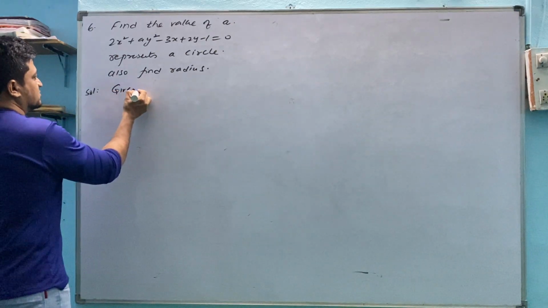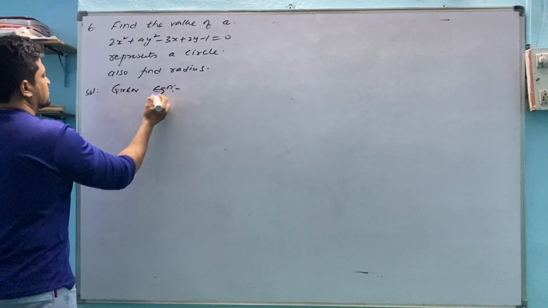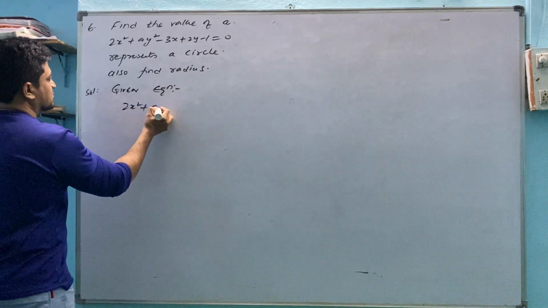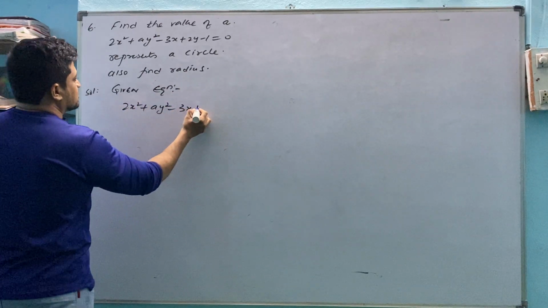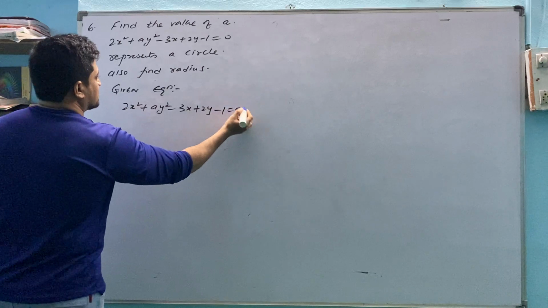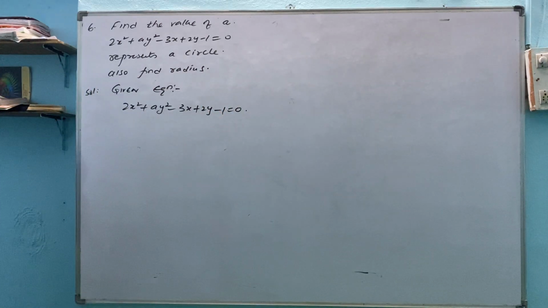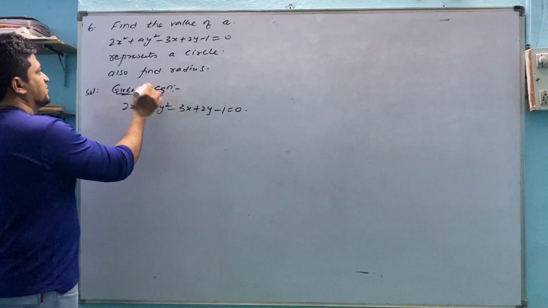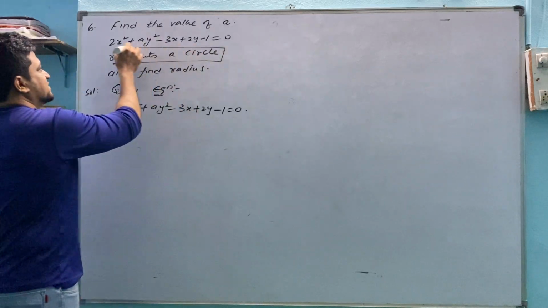Given equation. So the equation is given to you. What is mentioned here represents a circle.